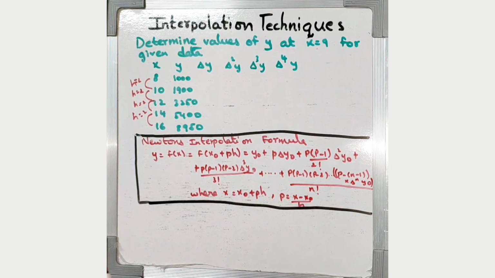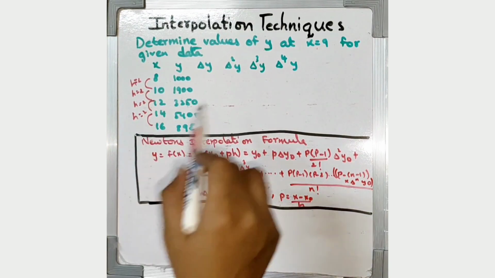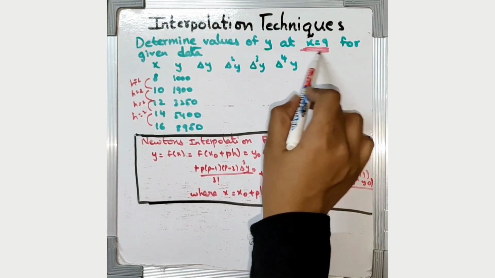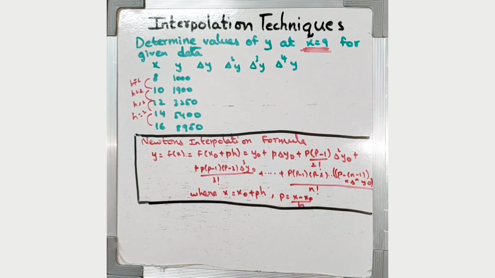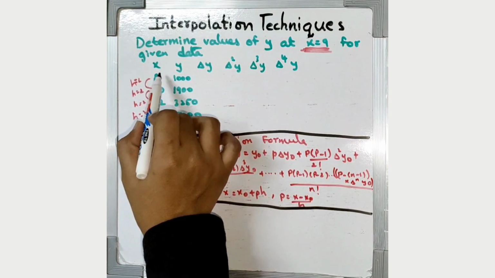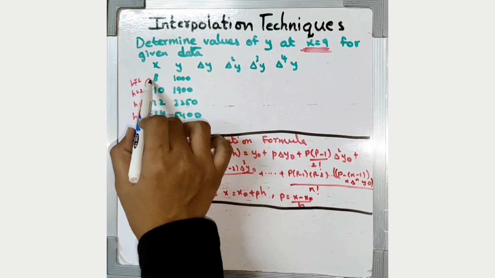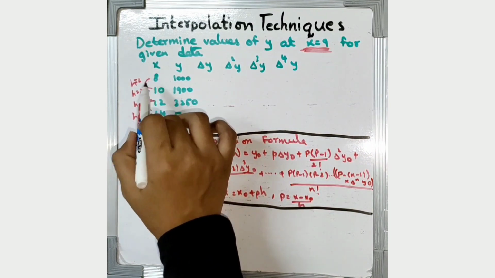Now, this formula is used when the value of x lies at the starting of the table. We have to determine the value of y at x equals 9. 9 is nearer to 8, which lies between these values.